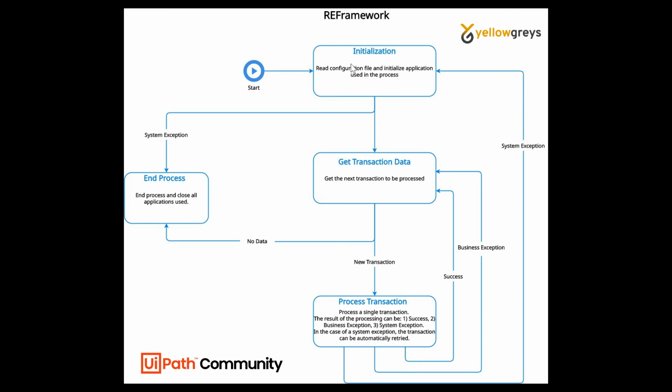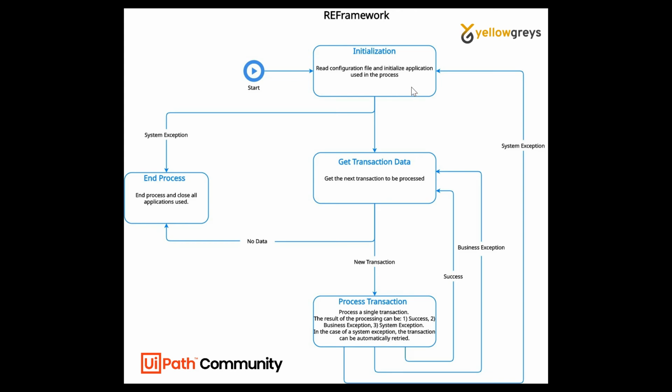The initialization part will handle reading the config file, which holds the bot inputs, where we can add all those bot inputs. Then followed by that, we can initialize all the applications we are going to use in the process, so we need to add them there in the initialization stage.